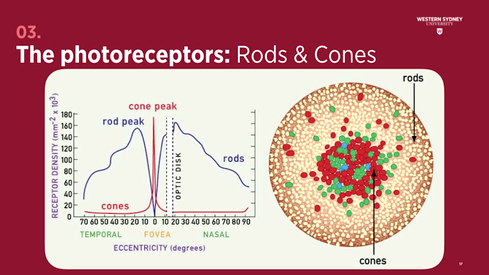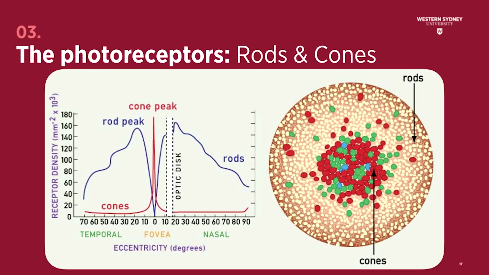Consequently, zero eccentricity represents the fovea. Increasing eccentricity implies an image being projected further into the periphery. The numbers to the left of zero eccentricity, labelled temporal, represent the half of the retina closest to the left ear. The numbers to the right of zero, labelled nasal, represent the half of the retina closest to the nose.